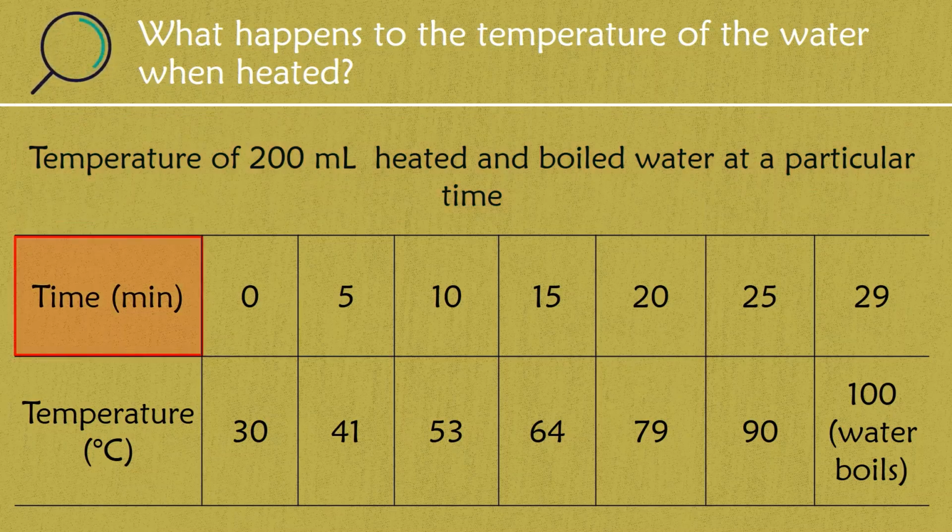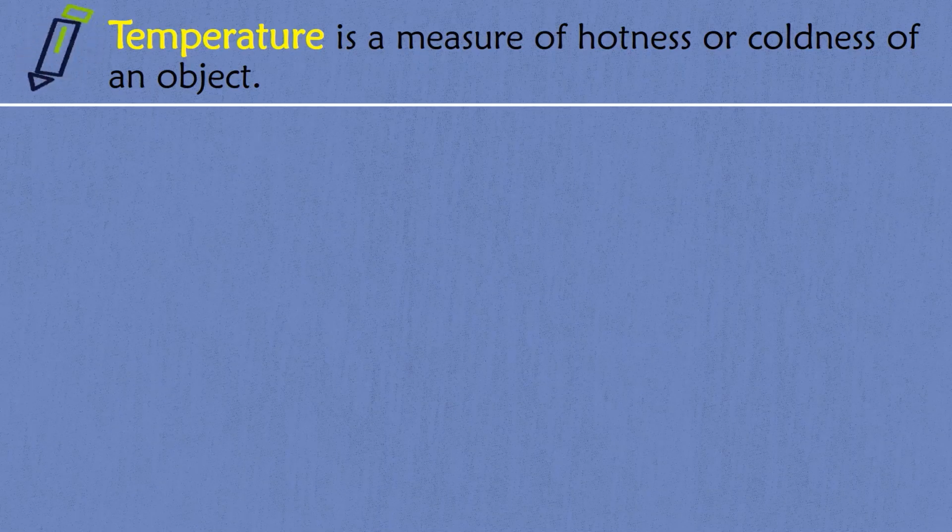As time elapses, the temperature of the water increases. The temperature of the water as it begins to boil is 100 degrees Celsius and remains the same while it is boiling. In layman's terms, the temperature is a measure of hotness or coldness of an object.